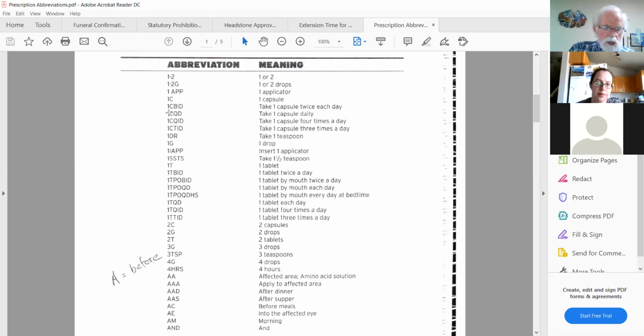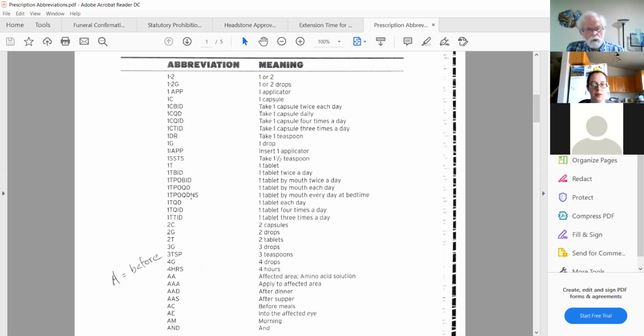So when we see prescriptions written out, we generally like to see spaces in phrases. This one would be 1 T PO QD HS. And it would read 1 tablet, T is a tablet, PO by mouth, QD per day, once per day, at hour of sleep, or at bedtime.